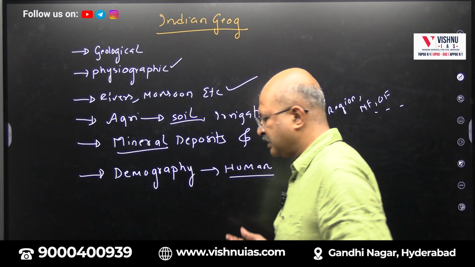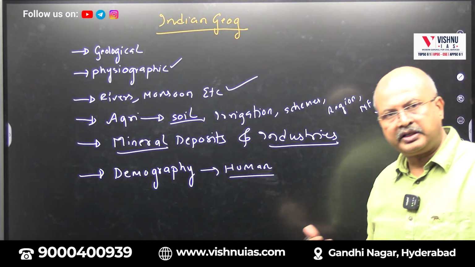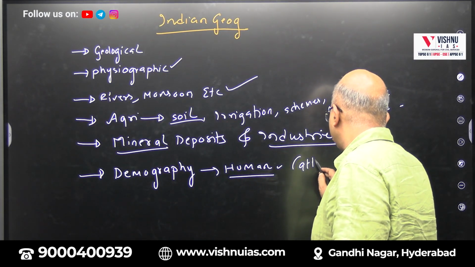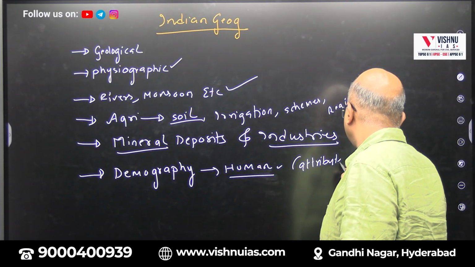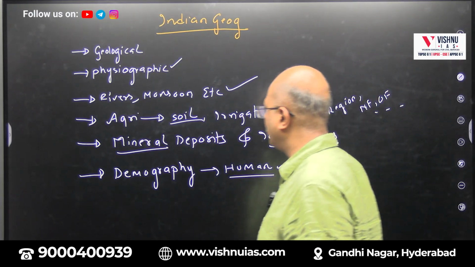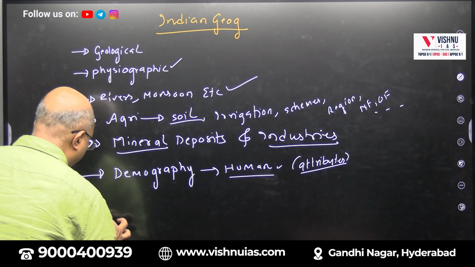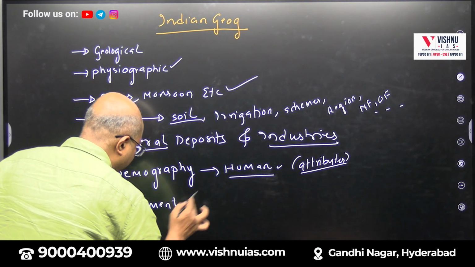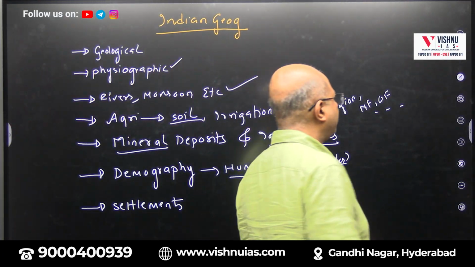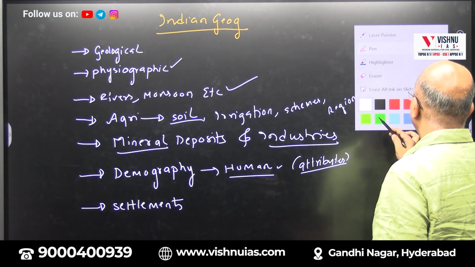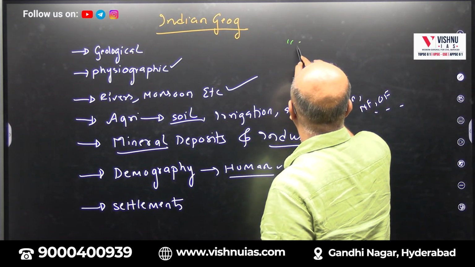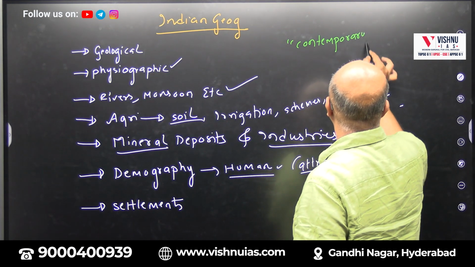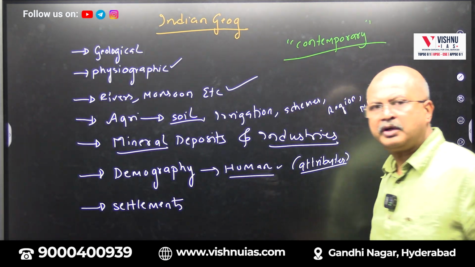Demography means birth rates, death rates, policies, theories. So we will understand the attributes of demography here. And then we have to assess the settlements. What type of settlements are there? And apart from that, there are many topics referred to as contemporary topics, which have to be studied with special reference to India.